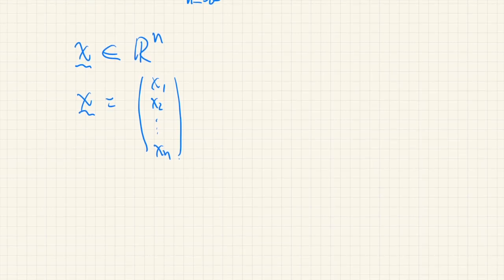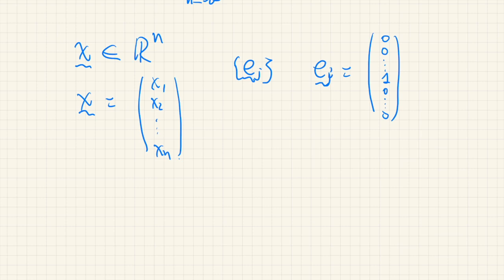And for this space we have this standard orthonormal basis set, that is e_j, where e_j is a vector consisting of 0, 0, 0, 1, 0, 0, 0, 0. Only the jth element is 1, everything else is 0.